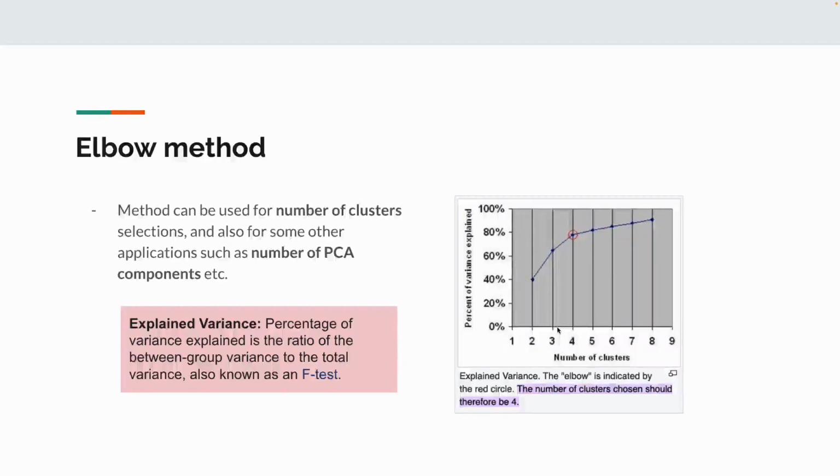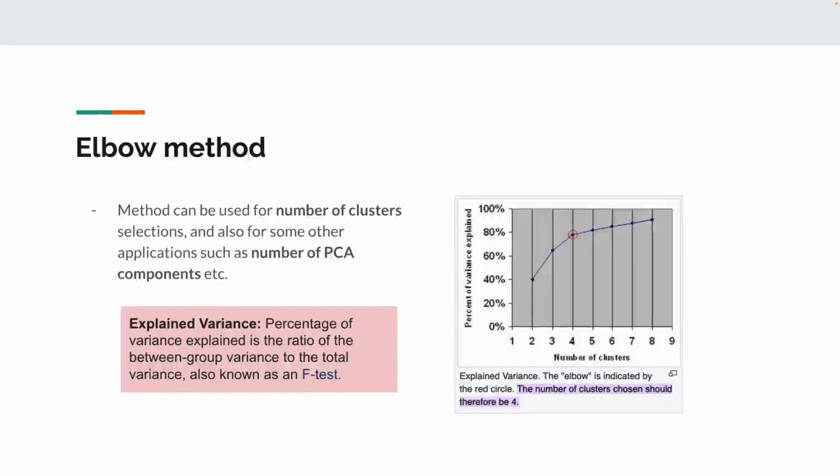If you increase to three clusters, you are able to explain up to 60%. As you create more clusters, you can explain more of the original data. So you have to stop at a point where adding an additional cluster doesn't actually improve your explained variance.